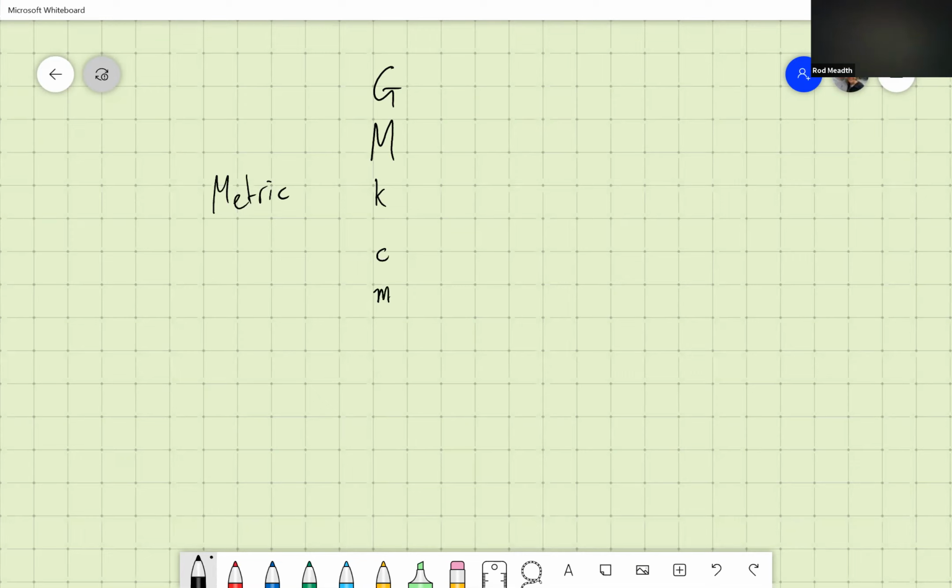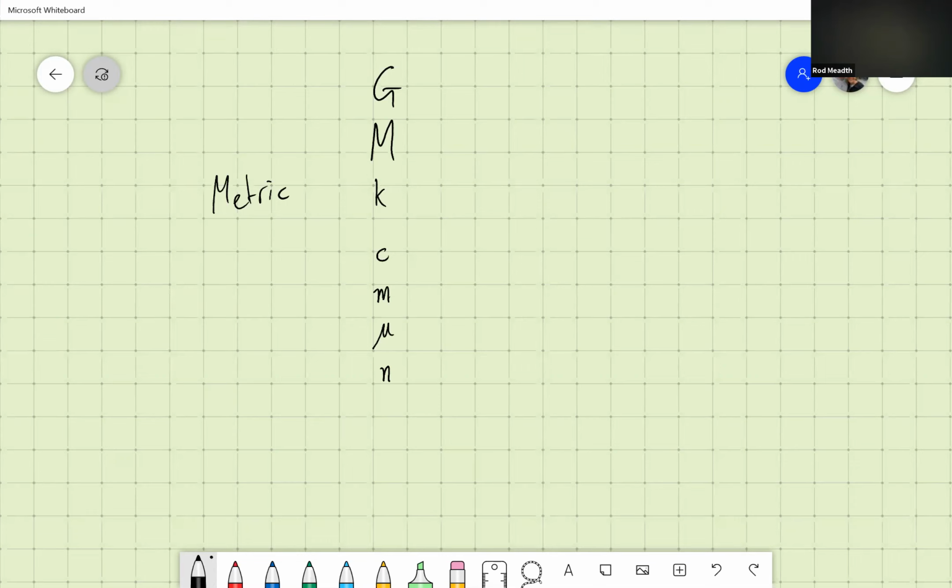You've got micro, and I'm sorry about this, but it is a Greek letter, the Greek letter mu. It looks kind of like the letter U with a tail in the front. Practice writing that a few times. It's like a lowercase u with a leading tail in the front. And then we have nano, which is a lowercase n. So giga, mega, kilo, centi, milli, micro, nano.